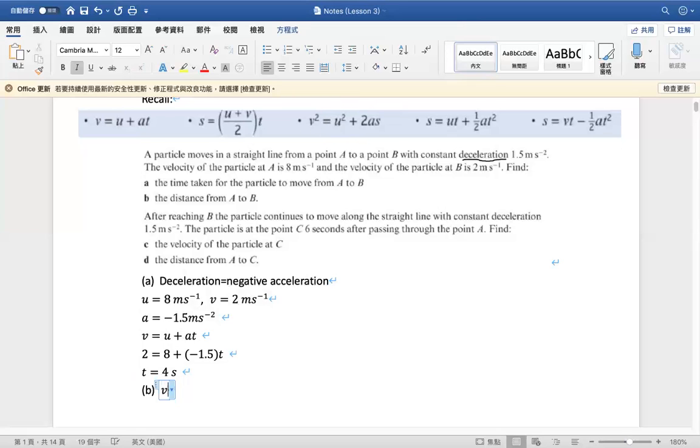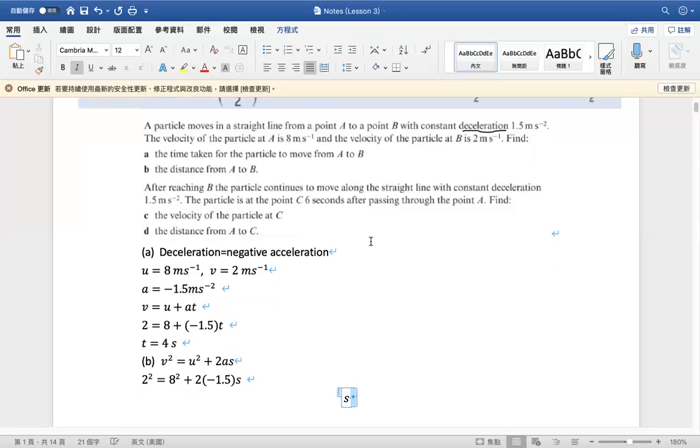So v squared equals u squared plus 2as. Here v is 2, u is 8, plus 2 times a, which is negative 1.5, and s is the unknown.